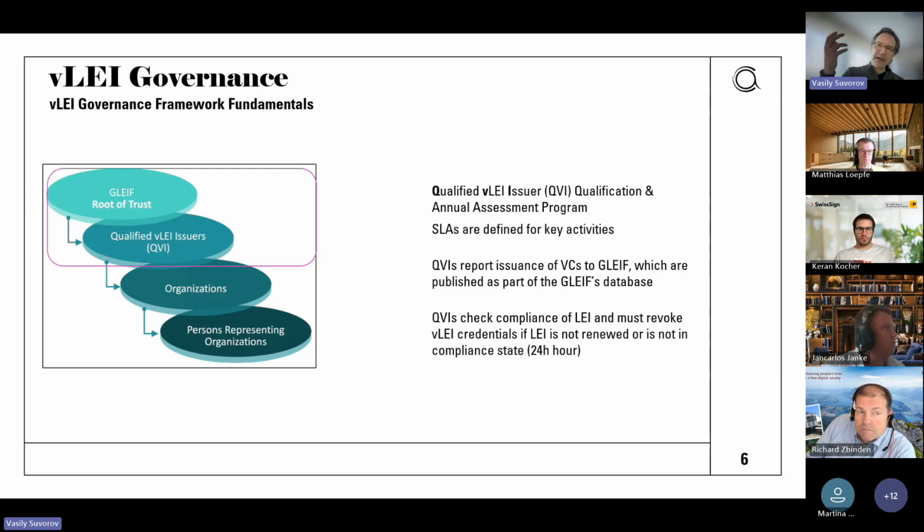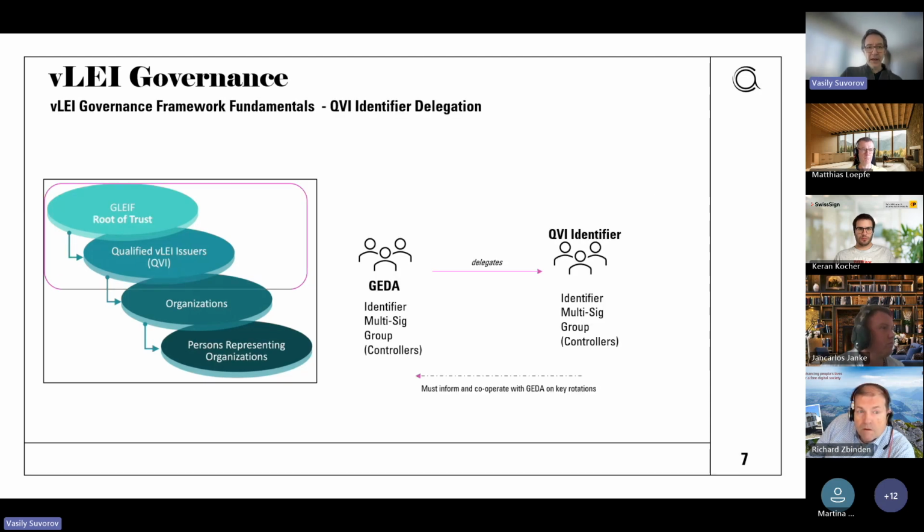But there is also a crowdsourcing process. So if you see something that is not accurate, you can also file a challenge through GLEIF themselves, right? So you can also do that. Going further, kind of visualizing this relationship, you have your GLEIF external identifier with the controllers, which delegates, and I'll explain what delegation is slightly later, to the QVI, to their identifier that they need to have, that they also control as a group.